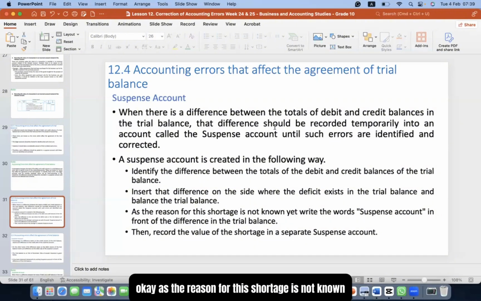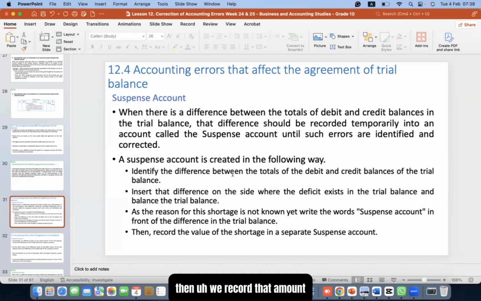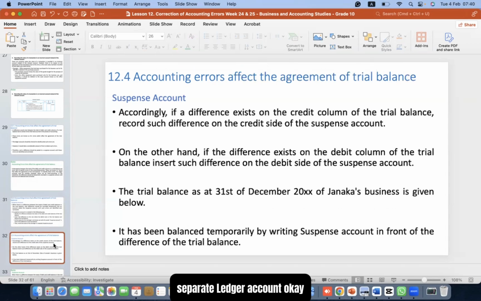As the reason for this shortage is not known yet, we write the words suspense account. We don't know the reason for that, because of that we name it as suspense account. Then we record that shortage amount in a separate suspense ledger account.